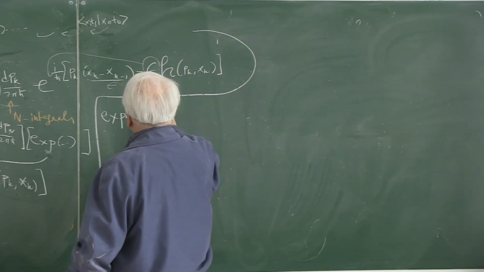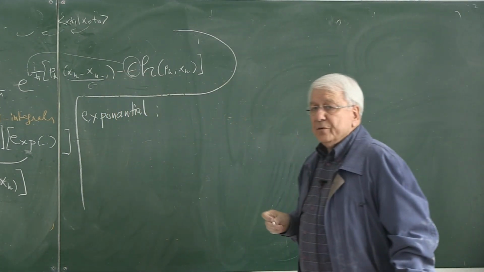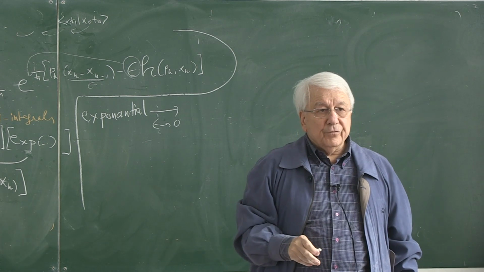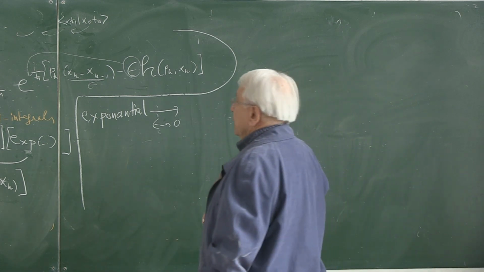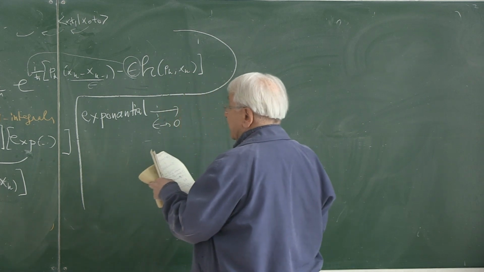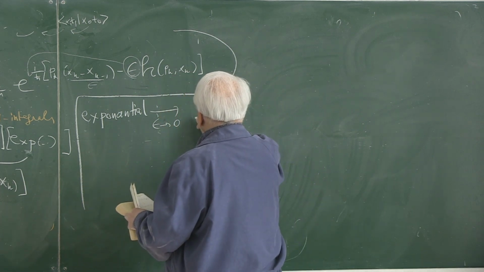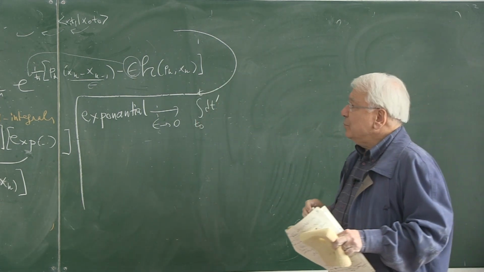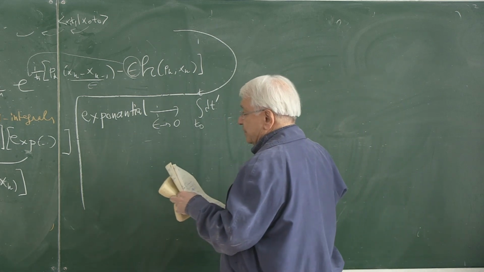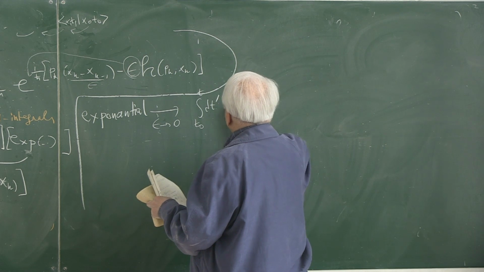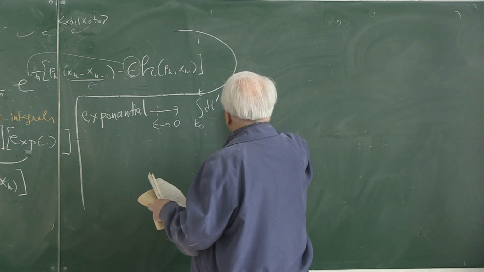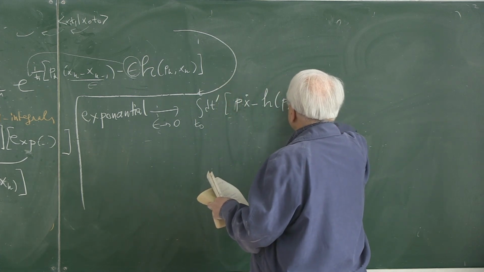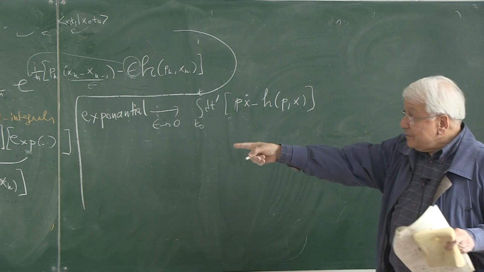Let me handle this separately because it's a crowded expression. What happens to the exponential when epsilon goes to zero or n goes to infinity? It goes to the following expression, correct? dt, t0 to t, let's use a generic integration variable dt prime, times p x dot minus h of p and x. Is that really what it is?